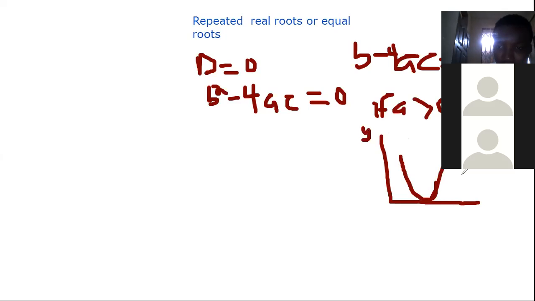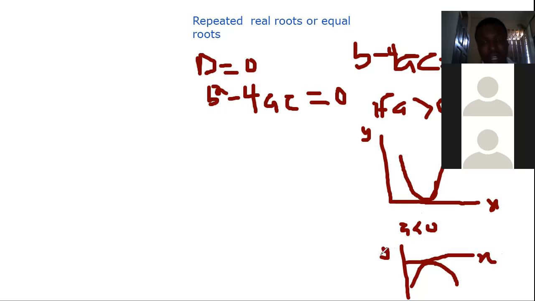So here's y, here's x. However, when a is less than 0, you have the vice versa: your graph will be under the x-axis. So here's our x and y.